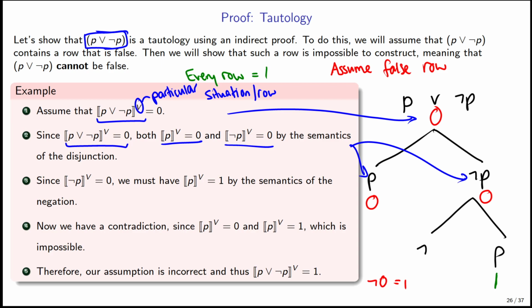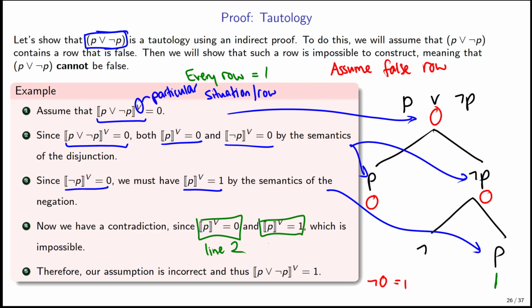Now, since we know that not P is false, we must have that P is true by the semantics of the negation. So this corresponds to this last tier in our tree. And now at this point, we have a contradiction.